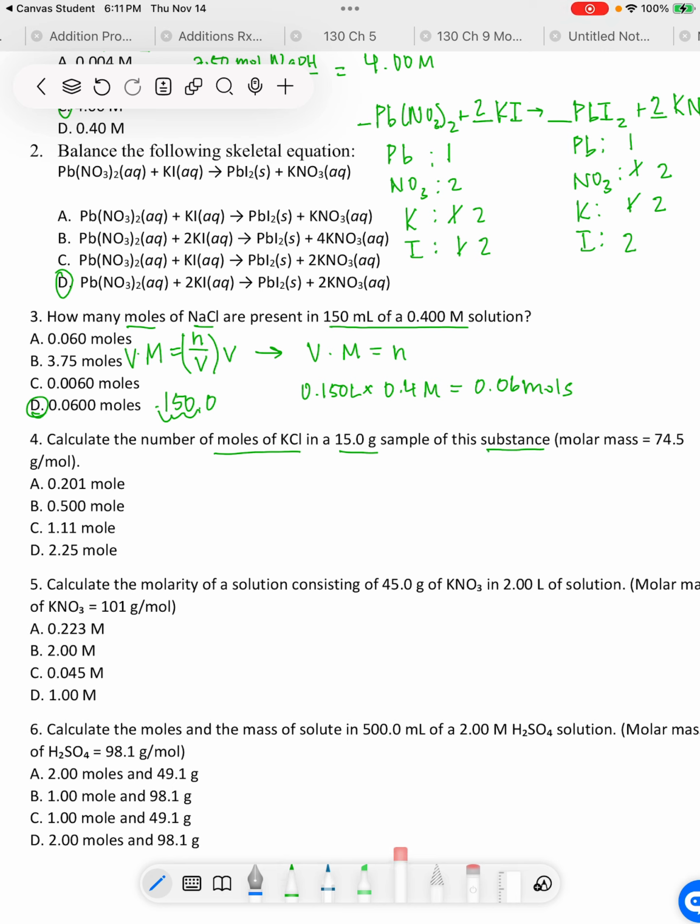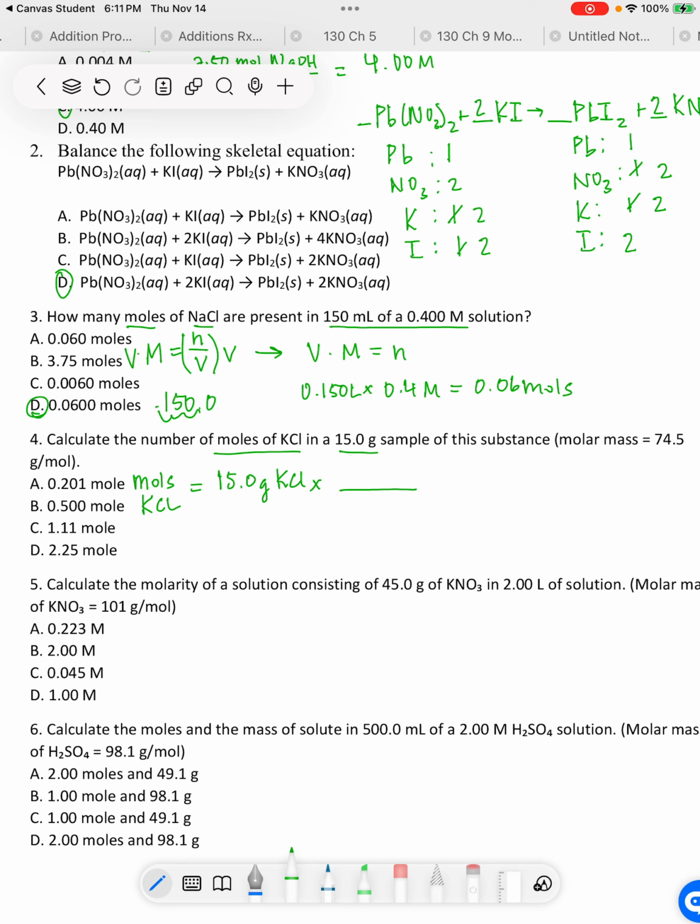Okay, so what do we want? Always ask, what is it asking? It wants us to calculate the number of moles of KCl. That's going to be on our equal side. And it gives us a 15-gram sample of KCl. Well, how do we get rid of grams from the top and get moles?